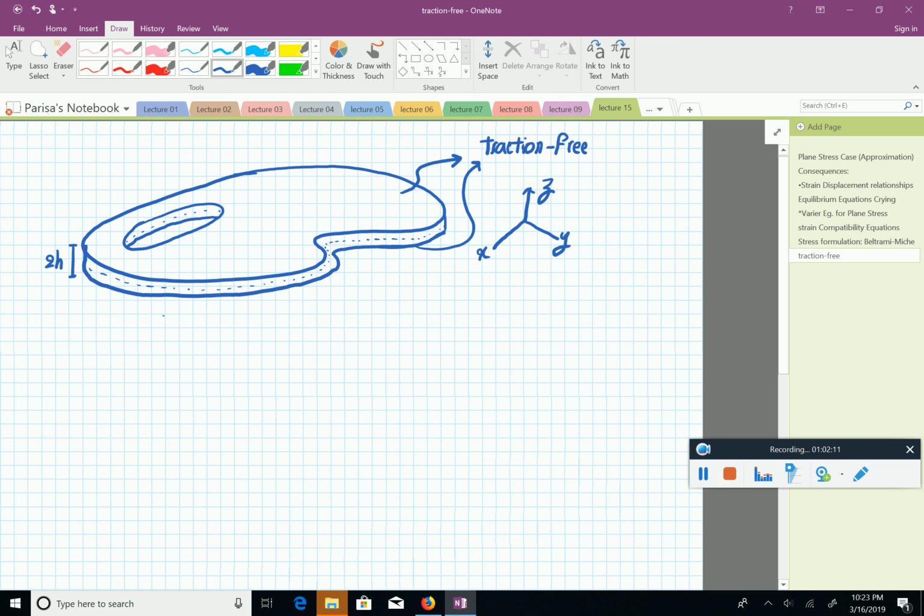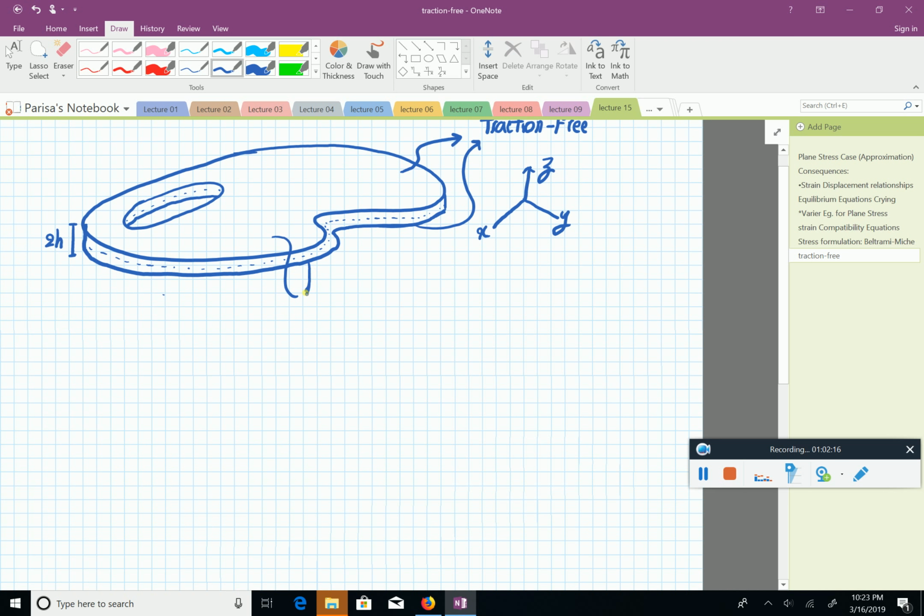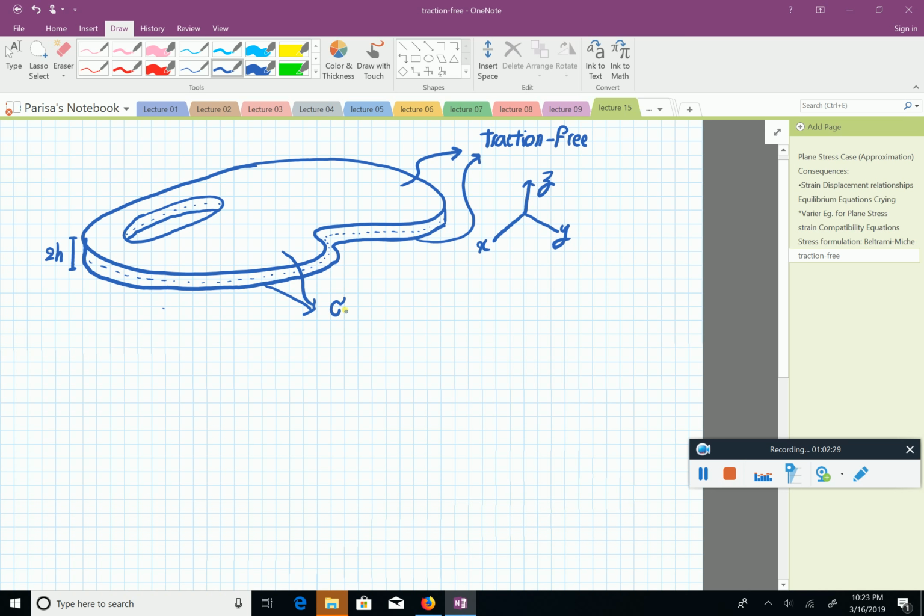So at both the top and bottom surfaces, what we want to have is sigma zz equal to 0, sigma xz equal to 0, sigma yz equal to 0.